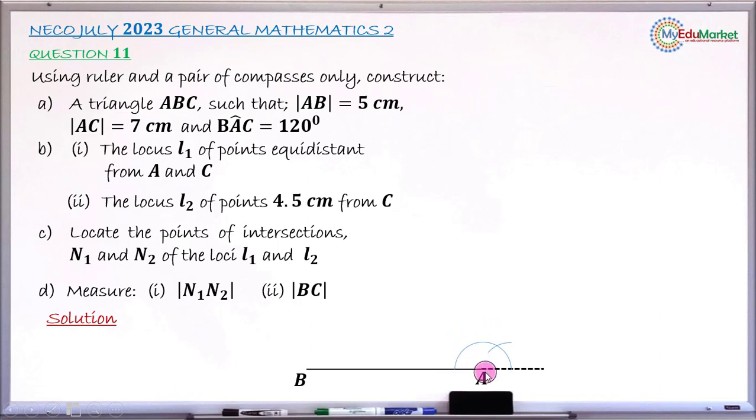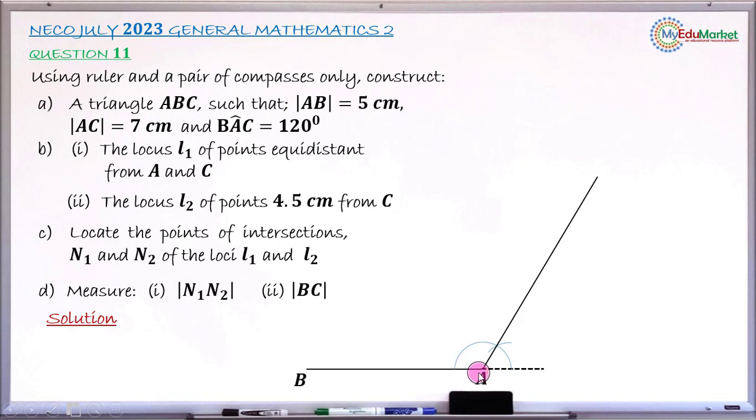So let me draw this line. Use your long ruler from this point A to draw a line to pass through this point of intersection. Look at it. You draw that line like this. It is somewhere here that you find the position of the point C. But the question says that the length of the side AC is 7 centimeters.